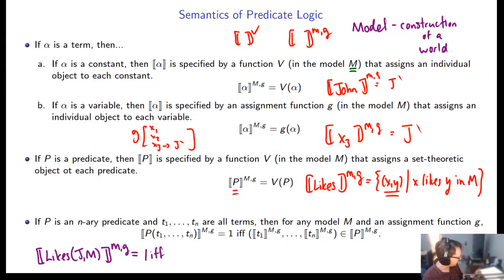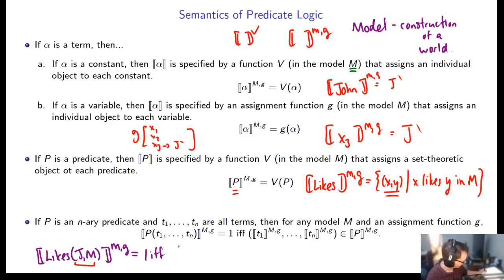We say it's true if our pair here is in the set. So when we do a tree structure, we break things up by how the tree is formed. But with predicate logic, we're just taking a look at the pair itself.